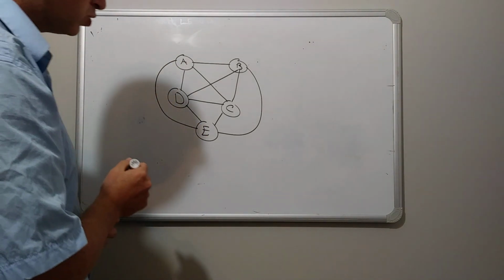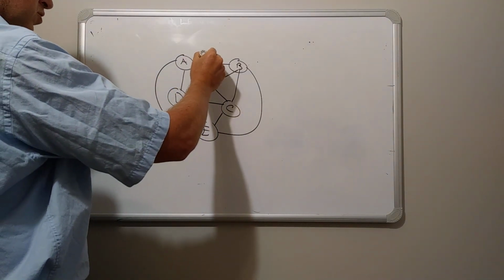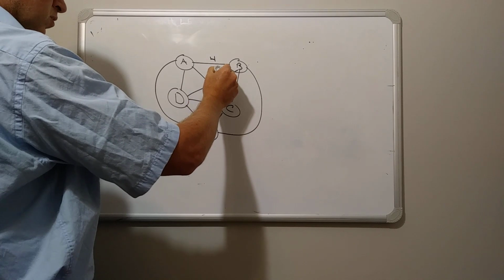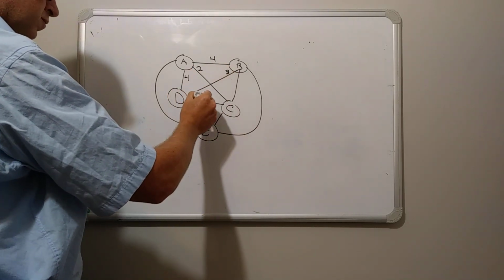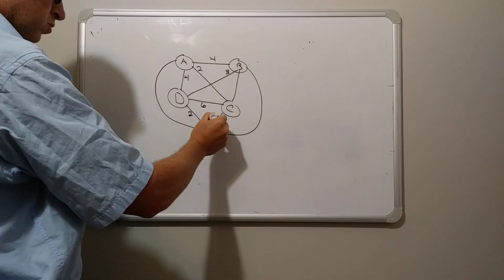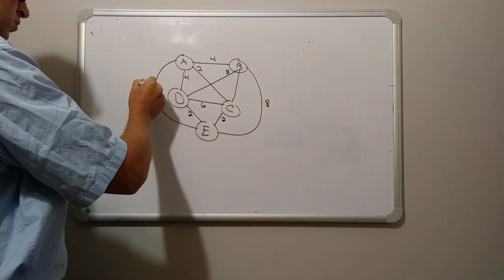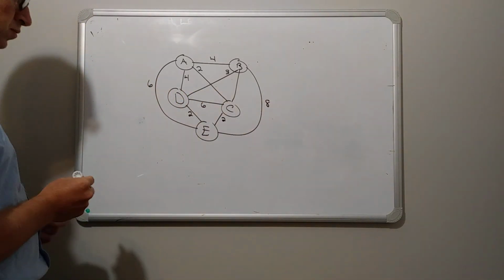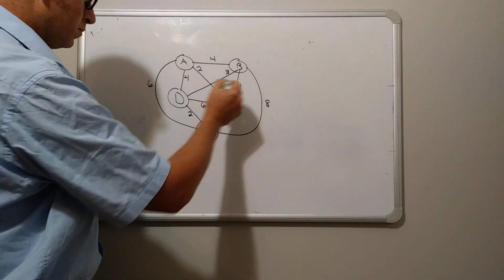And let's give them some numbers. So the distance from A to B is 4. 3, 2, 4, 6, 2, 2, 8, 6, and 1.